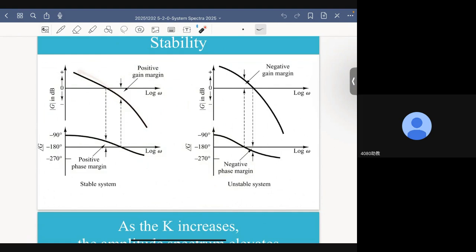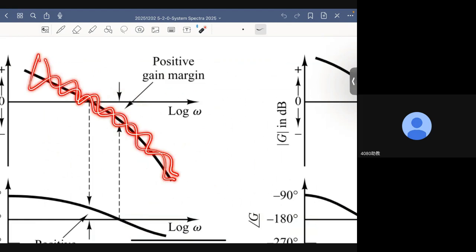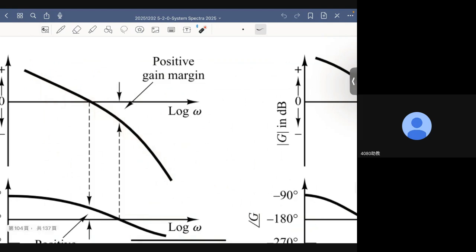Because of uncertainties. This represents the tolerance to the variation of the magnitude plot of the Bode diagram, and the reason for those variations is the existence of uncertainties.